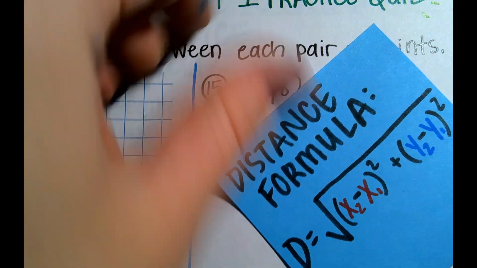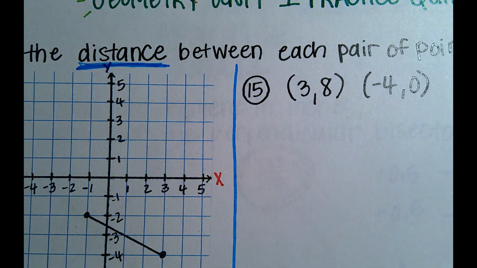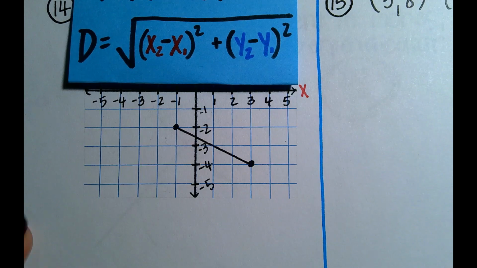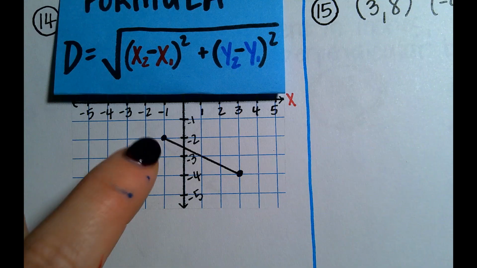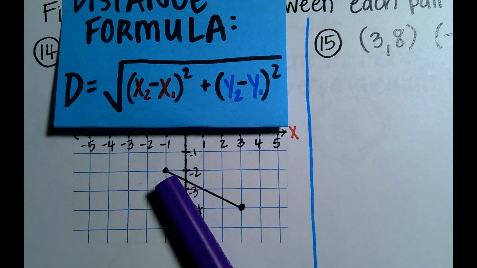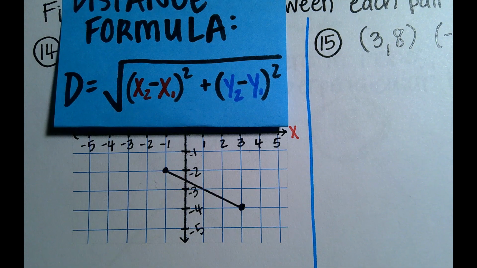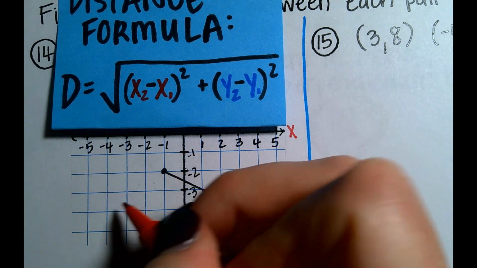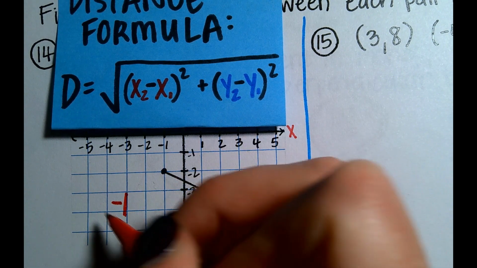So, number 14, we need to begin by naming our coordinates. So, my higher point, my top point, what is my x value? Good, negative 1.